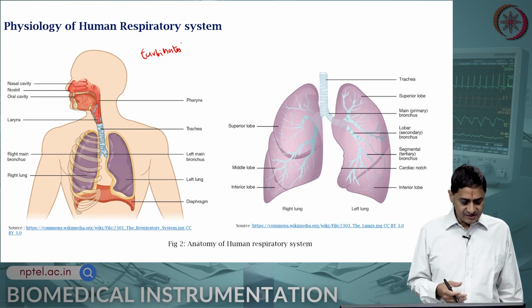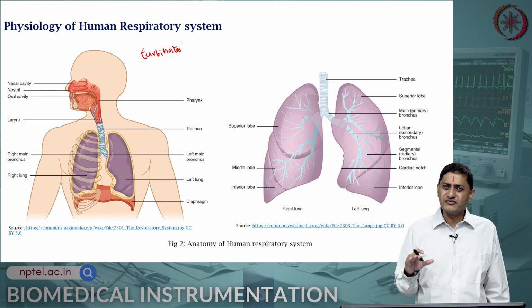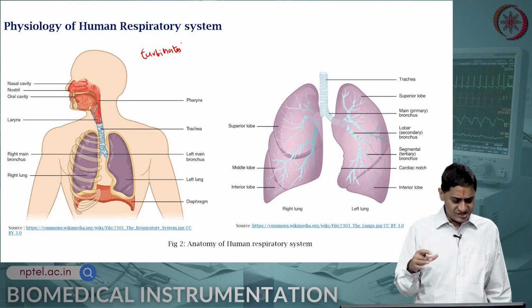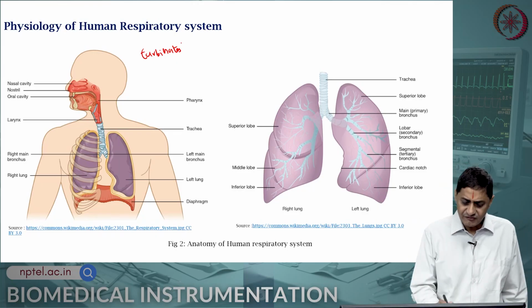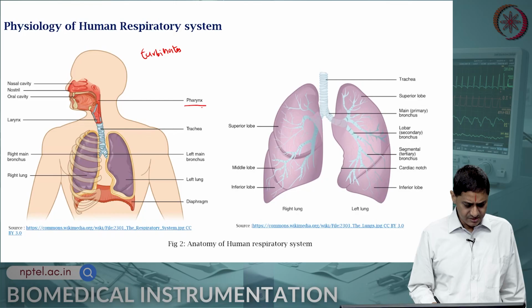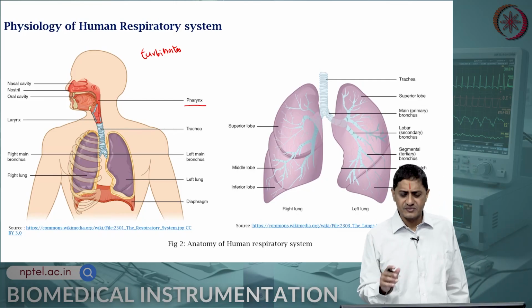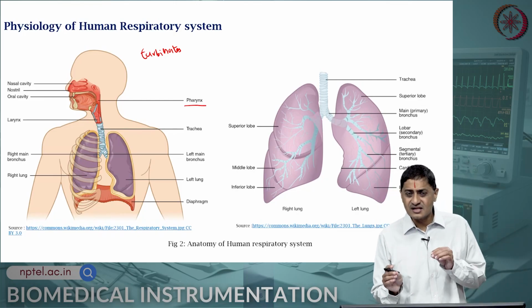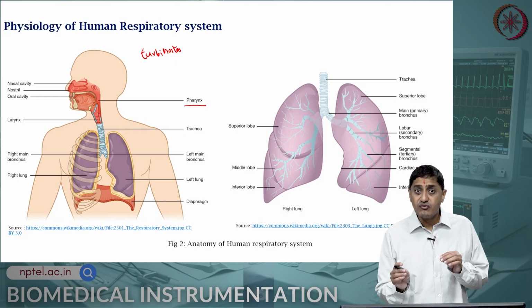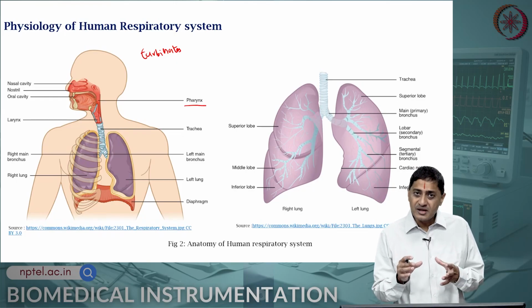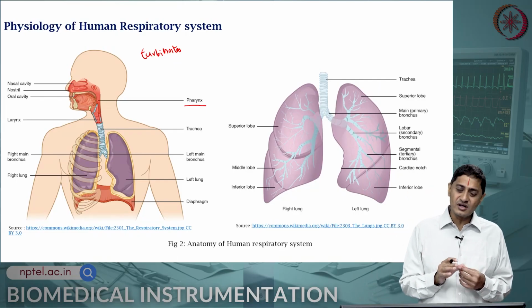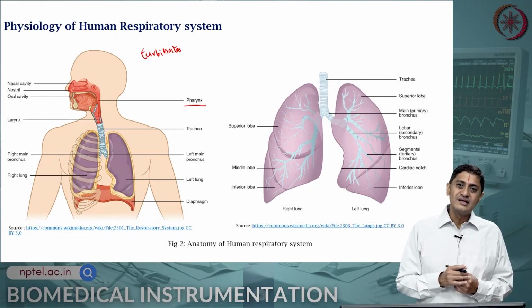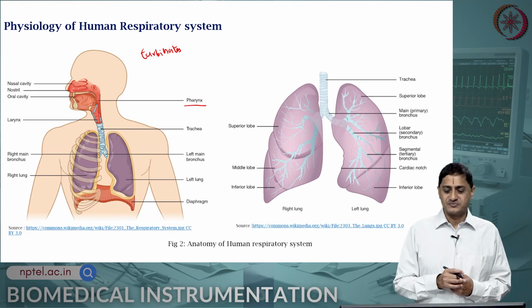So, the nasal cavity is a pre-filtration system, a first filtration system. Then you have the pharynx. It is a shared pathway, part of the food pipe as well as part of the windpipe. It carries food and also the air that is required.